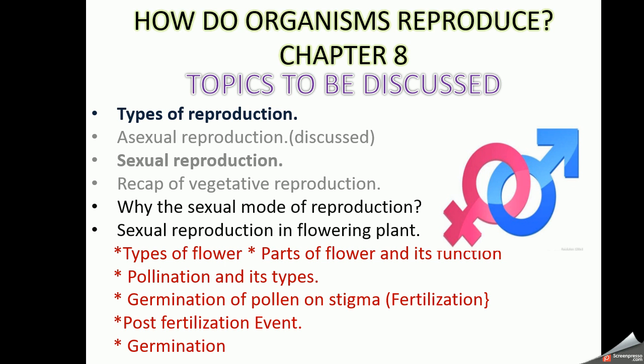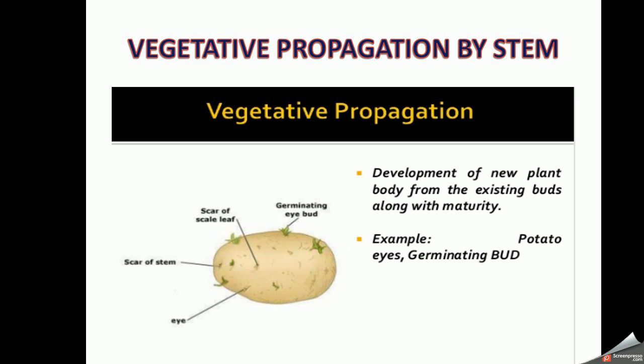In vegetative reproduction, I told you about the various methods by which we can grow plants with the help of the vegetative parts of the plant only. You can grow plants by their stem, root, leaves, etc.